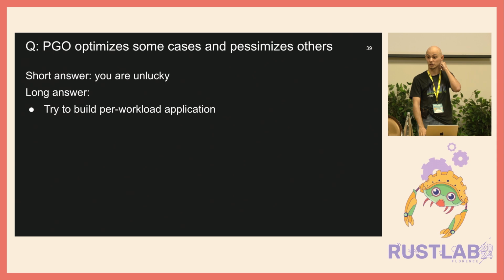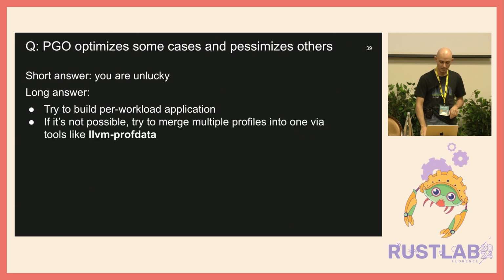At first, try to build per-workload applications. If you have two distinct workloads, just collect two distinct PGO profiles and build two distinct PGO-optimized versions of your application, and that's it. If that's not possible for various reasons, like maintenance burden, you can try to collect multiple PGO profiles, merge them into one, and use this one generic PGO profile for your application. It probably will not be the most optimized version for each case, but in general it will be fine. It should be expected, but you will still get some performance boost.